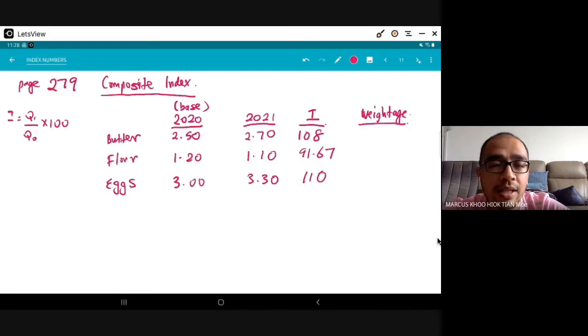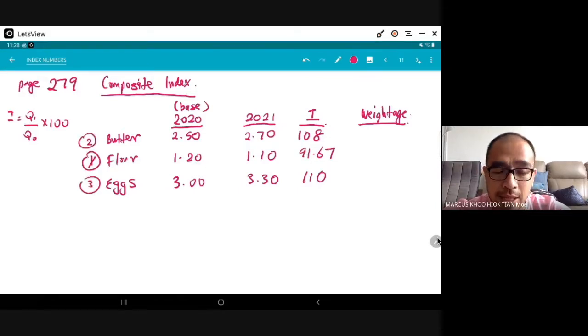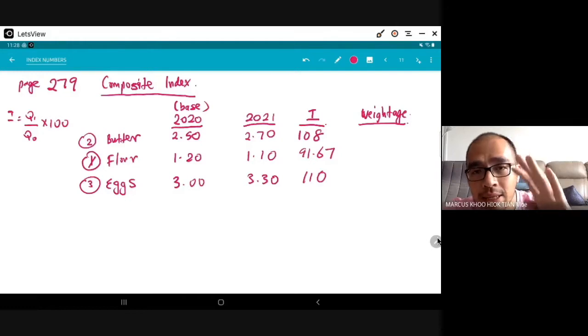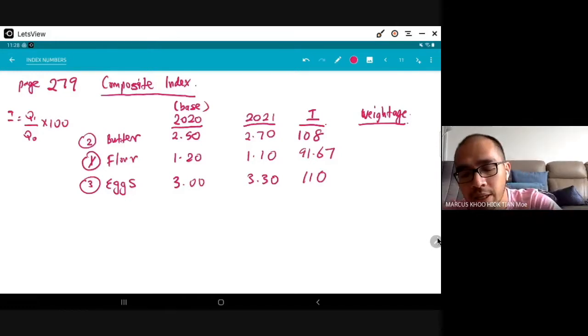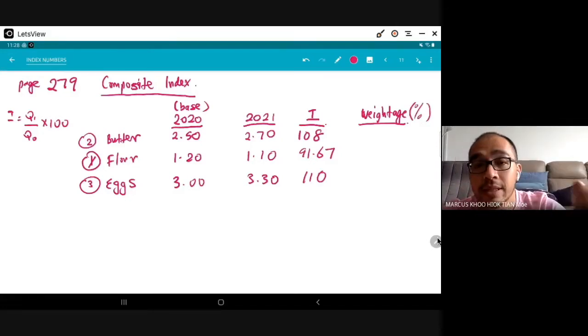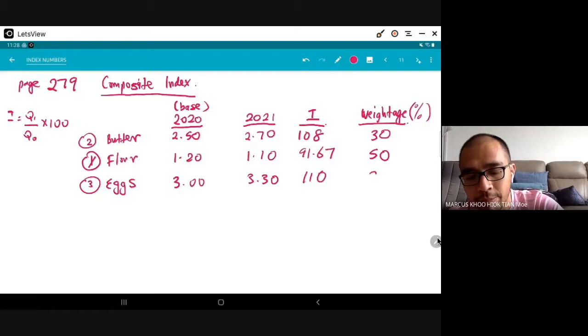Okay, flour. Usually I think it's flour, flour will be the most, and then butter will be the second most, and then eggs will be the least. Now let's say I put this weightage in terms of percentage. In a cake maybe 50% of it is flour, 30% of it is butter, and 20% of it is eggs.